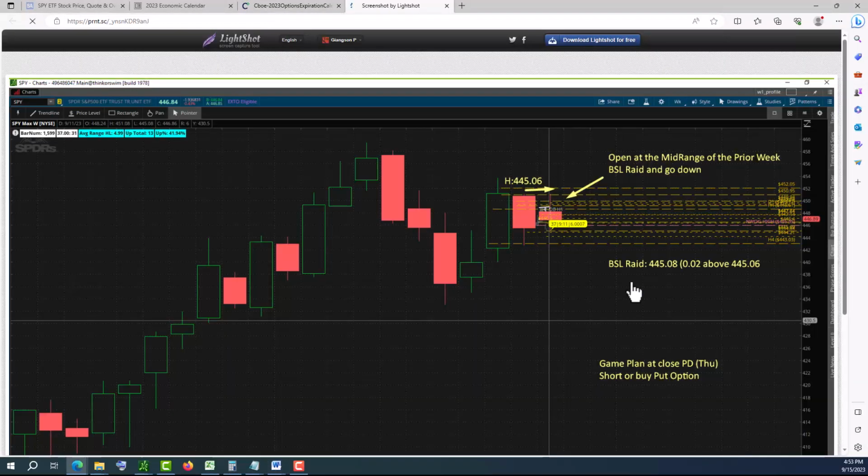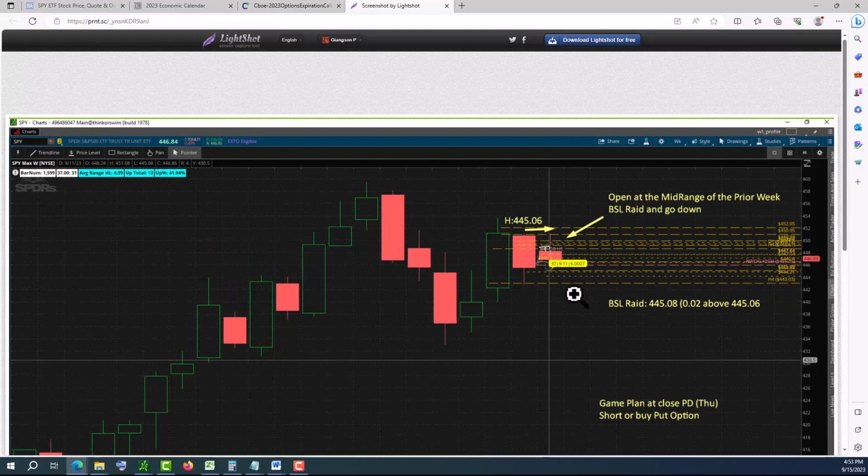Okay, so in the weekly we observe that it opened right in the mid range of the prior week, and then on Thursday it went all the way up, 2 cents above this level right here, 408.02, 2 cents above the prior high. So that definitely fits the definition of a buy side liquidity raid.